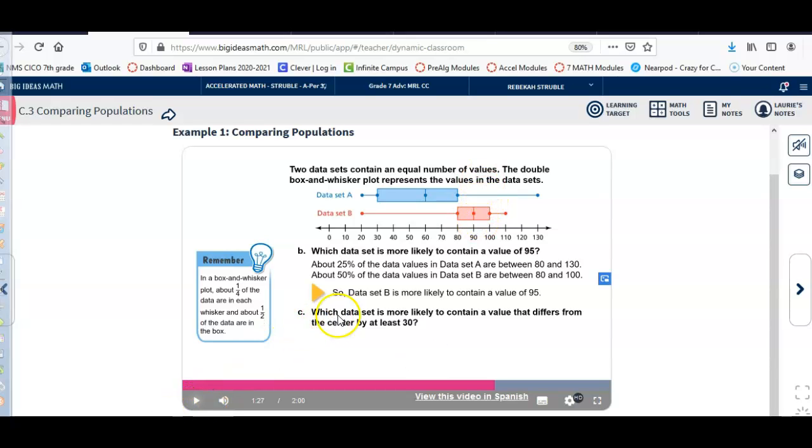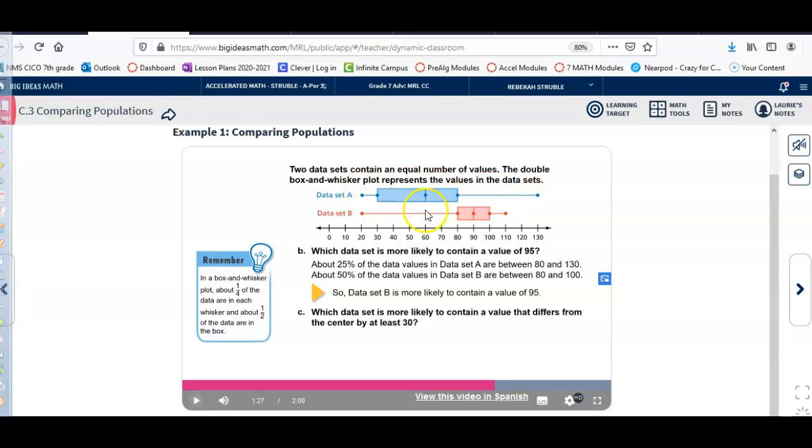And C, which data set is more likely to contain a value that differs from the center by at least 30? So let's take a look at the centers. Here's 60. 30 away from 60 on both sides is 30 and 90. Okay, so we have 25% of the data on this side, and probably slightly less than 25% of the data here.